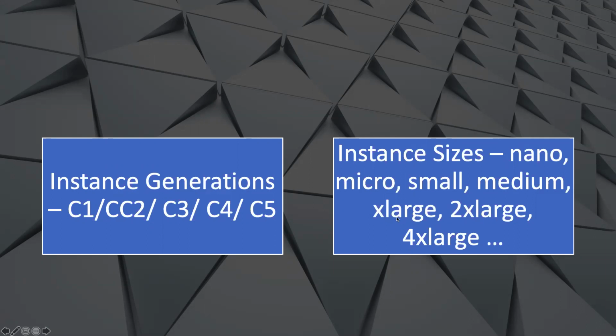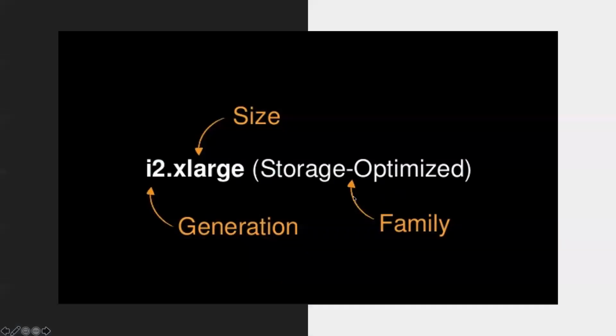As the size grows, the better the server is in terms of resources: you get more CPU, more memory, etc. This basically explains what kind of server or instance family you are choosing.